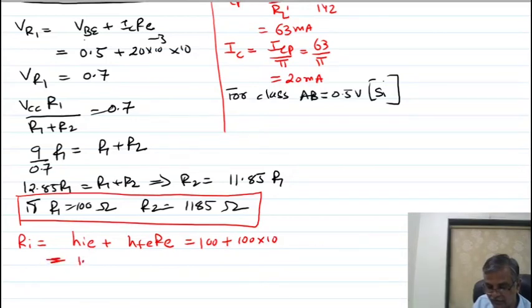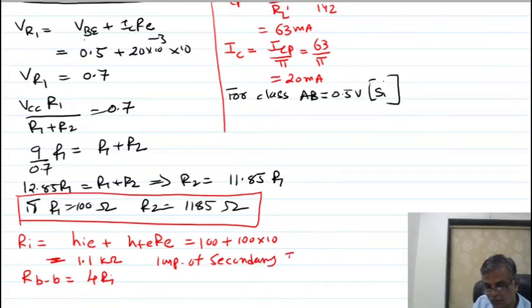Here 1.1 kilo ohm. You know the secondary impedance is RBB. Therefore, the impedance of the secondary of the input transformer is 4 into Ri, 4.4 kilo.